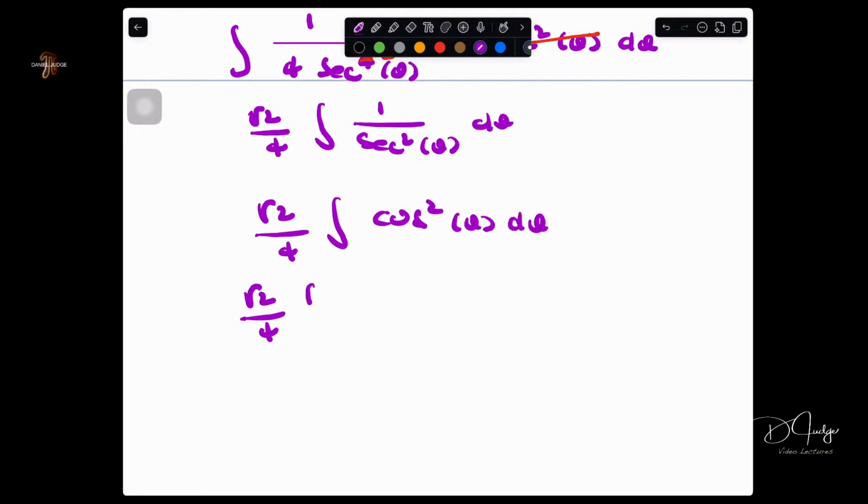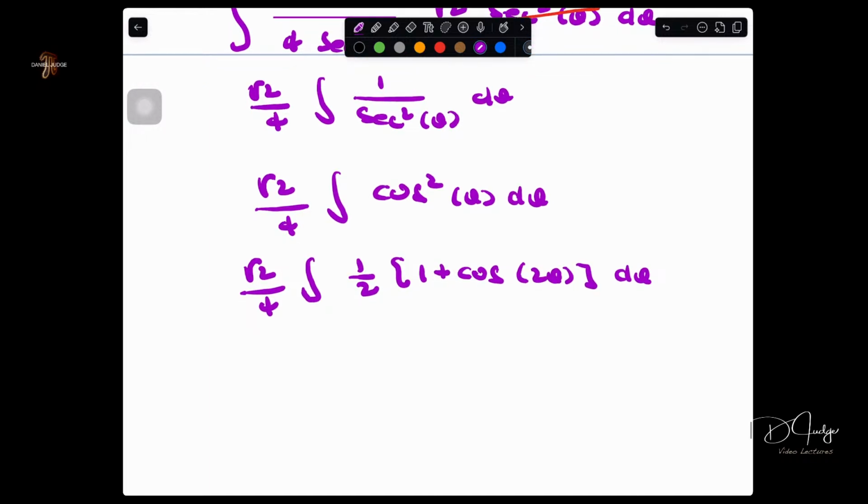Remember, for cosine squared, you're going to use the power reducing formula: replace this with 1/2 times 1 plus cosine 2 theta d theta.